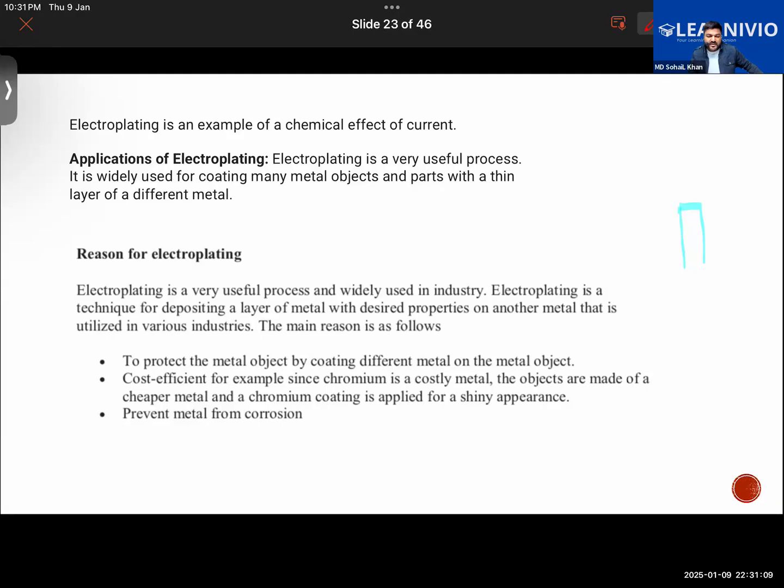It's a very useful process, and lots of materials are coated with a layer of other metals. For example, iron is very reactive towards oxygen and water. It reacts with damp air and a layer of rust forms on the iron.